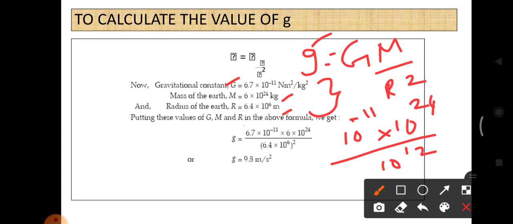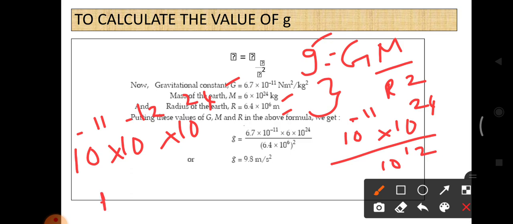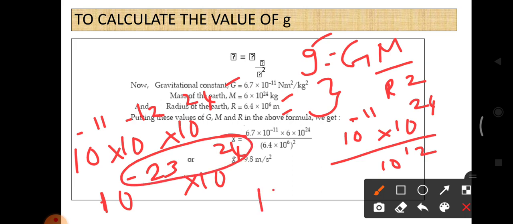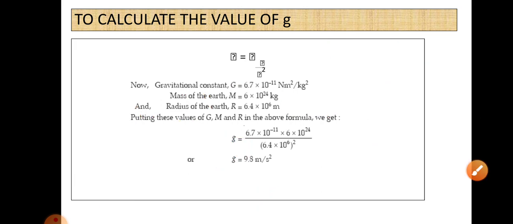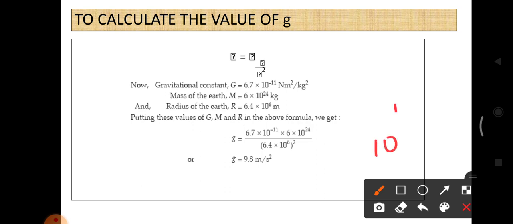When the 10 power 12 comes up, it becomes 10 power minus 11 into 10 power minus 12 into 10 power 24. So 10 power minus 11 minus 12 is minus 23, into 10 power 24. If you subtract these two, we get 10 power 1.